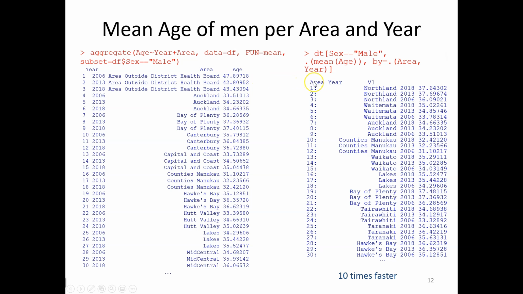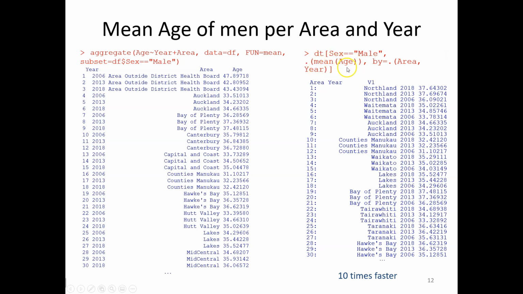If you want to do this on a data table and get it done quickly, then you would have to write dt, and first the selection of rows, here the subset sex equals male, comma, and then what we want to do, a point for list, and then the function mean, and then within parentheses age. And age, of course, refers to a column.